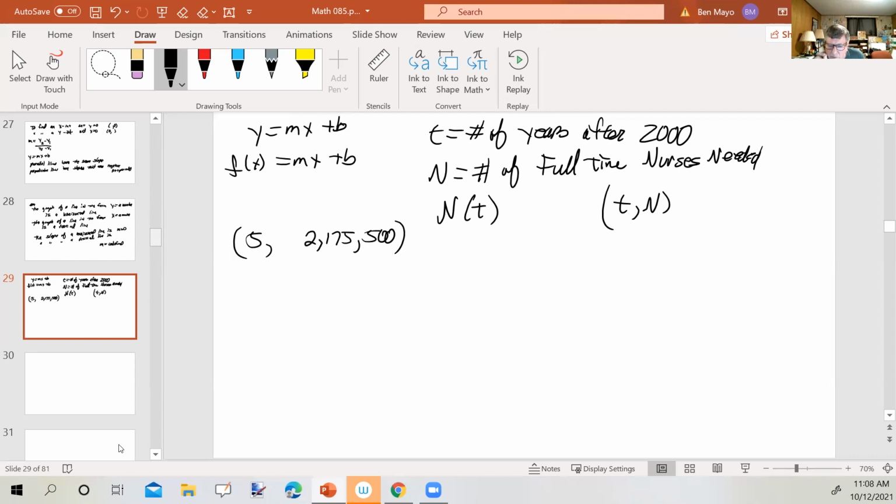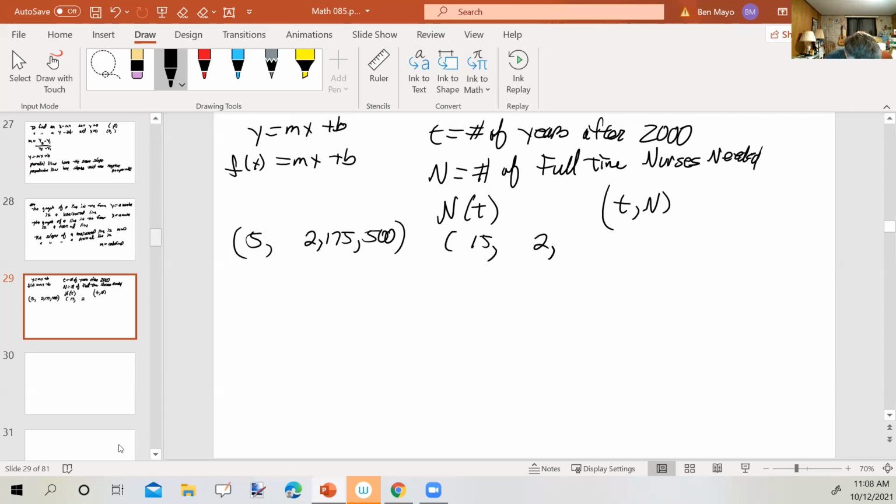So that's an ordered pair we can extract from the reading: 5 years after 2000, 2,175,500 nurses were needed.